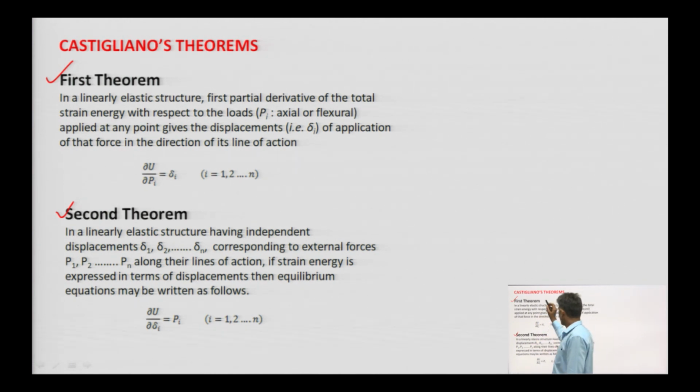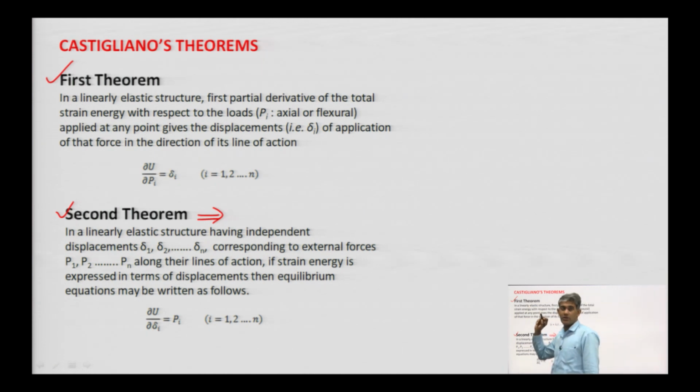The first theorem is used to find the deformation under the load, and the second theorem is used to find the redundants. Okay. So, let us learn what the first theorem of Castigliano is.